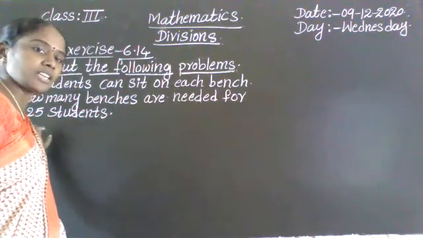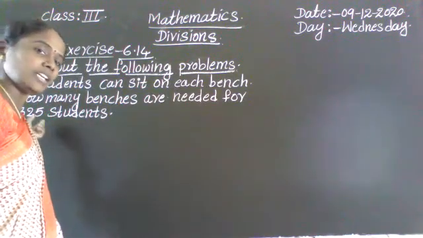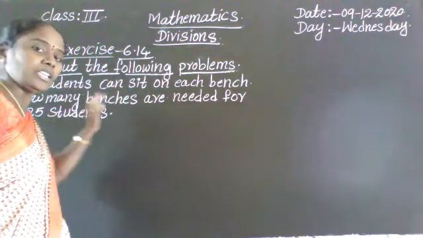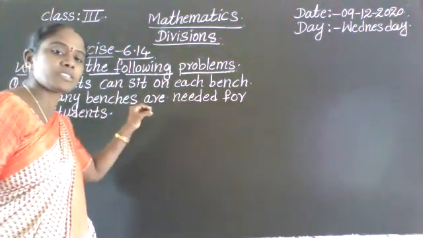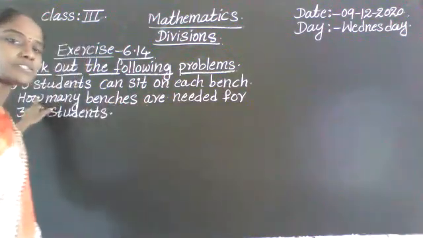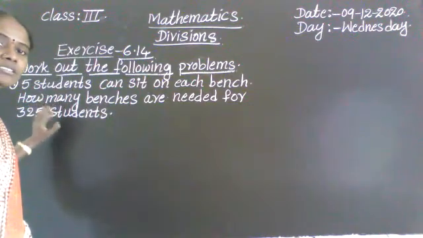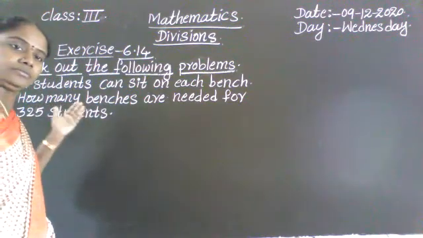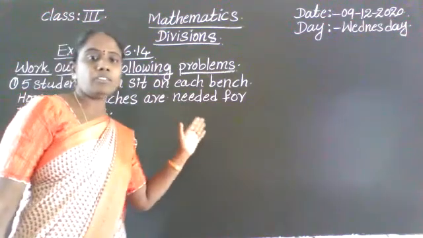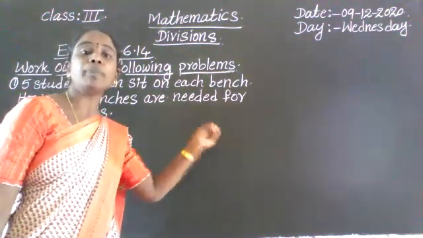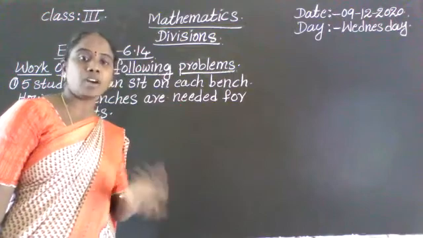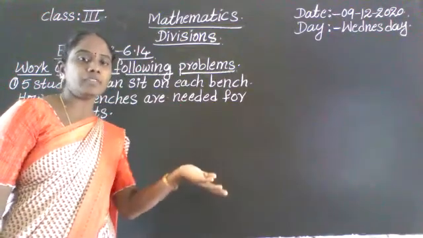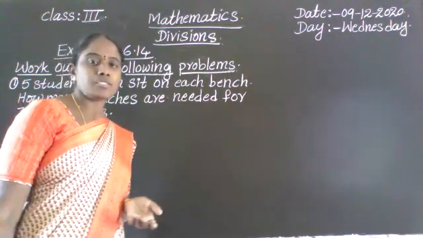Here, how many students are there? Number of students is 325. In each bench, 5 students can sit. So here we will find the number of benches.